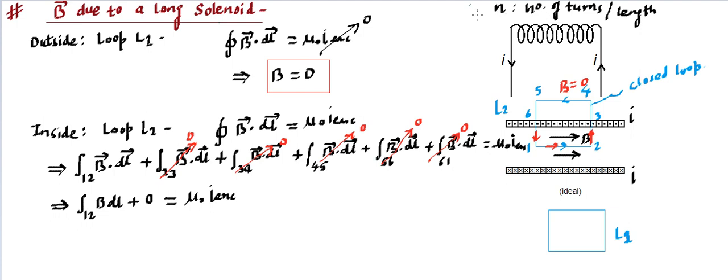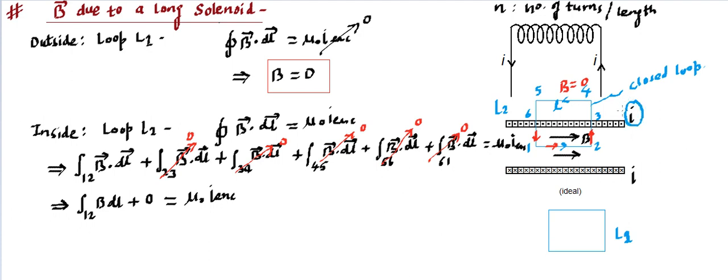And let's say when we consider this loop, then we have considered this length, and this length of the loop is L. So we are considering this length to be L. So L length of this solenoid is enclosed inside, right? If L length is enclosed, then if we multiply this n with L, that will be the total number of turns involved, and in each turn current I is running.